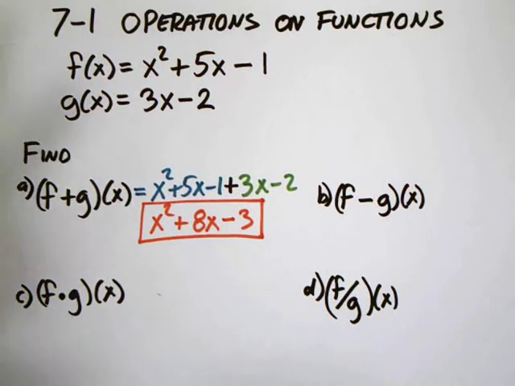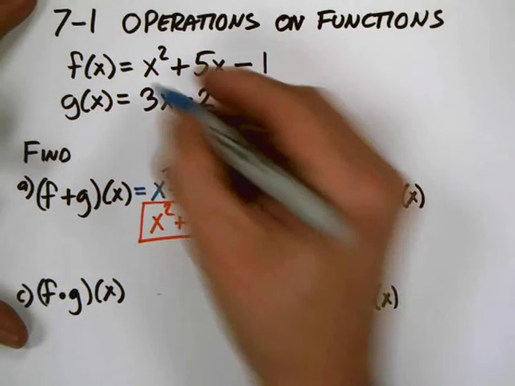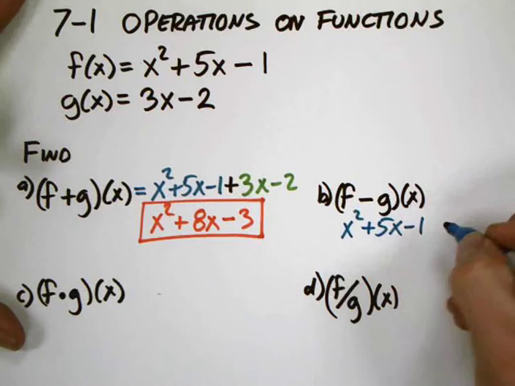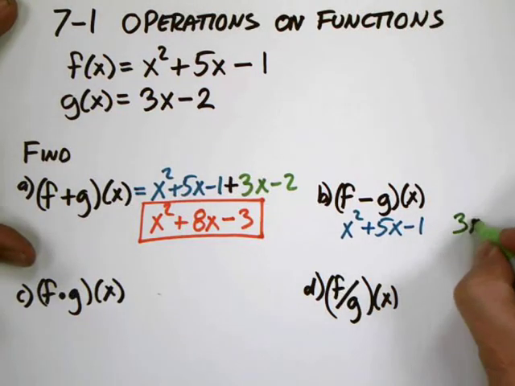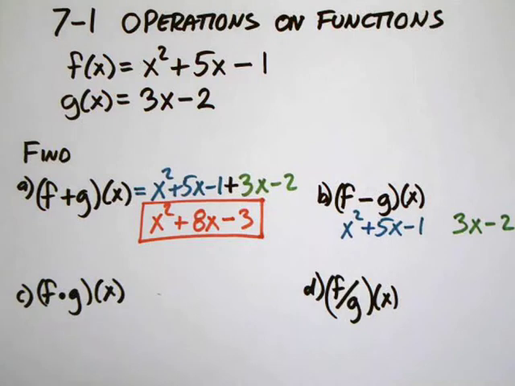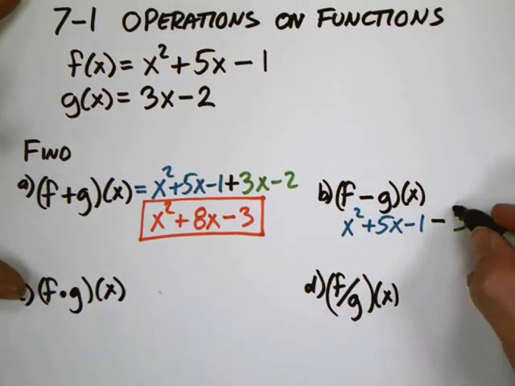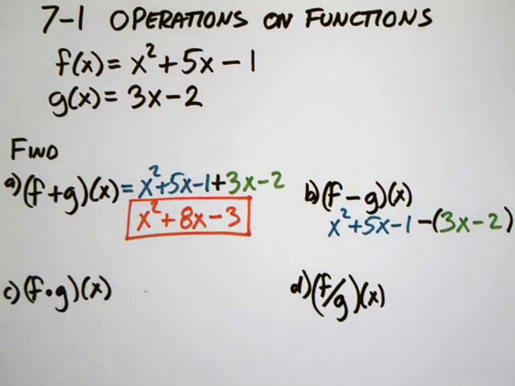Subtracting them is a little bit different. I still have the same two functions, so I'm still subtracting the f and the g. The f is x squared plus 5x minus 1, and the g of x is worth 3x minus 2. And in this situation, I'm going to subtract. So I have to be careful when I subtract in algebra that I subtract all of it. So I got to make sure that I put parentheses around that second function.